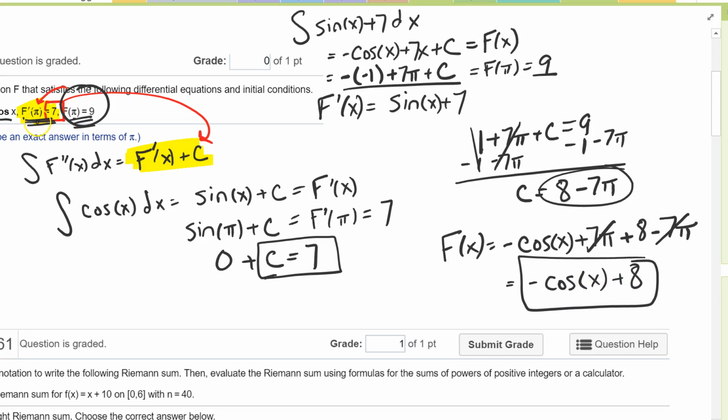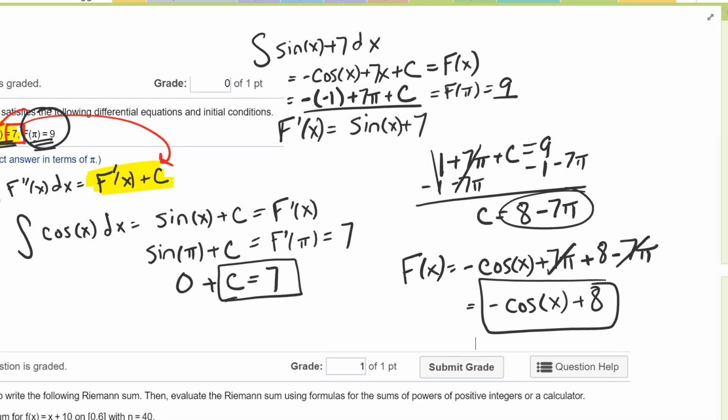The derivative of cosine is going to be minus sine, but with the negative, it gives me positive sine. If I plug in pi, should I get 7? So something happened there. I did not get 7. What do I need to evaluate here?